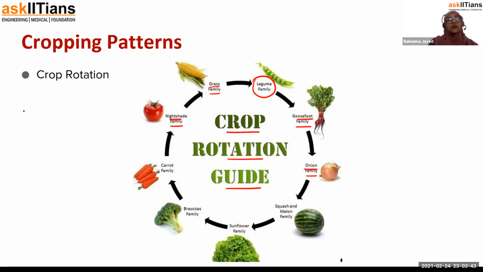Okay, so the first point in the crop rotation guide is that in crop rotation, the plants of the same family shouldn't be grown in succession.